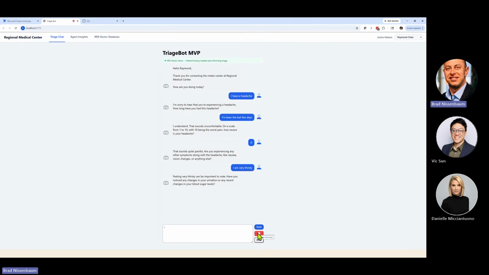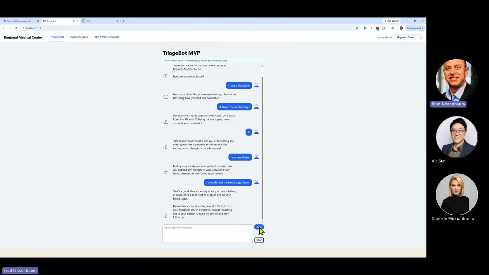I should check my blood sugar levels. It's a good idea, especially since you have a history of diabetes. It's important to keep an eye on your blood sugar. Please check your blood sugar, and if it's high or if your headache doesn't improve, consider reaching out to your doctor. A nurse will review and may follow up.